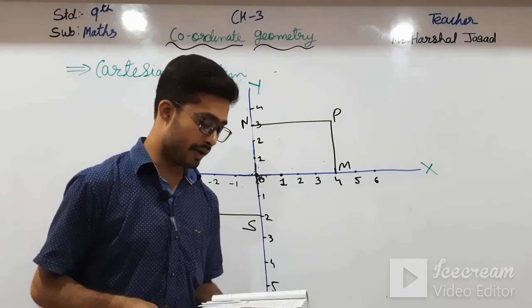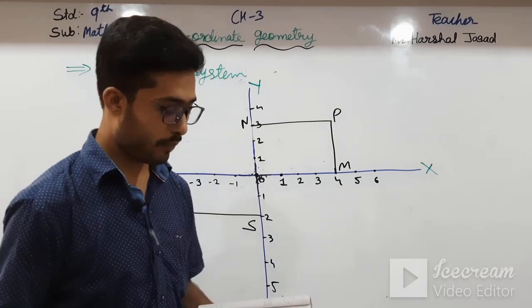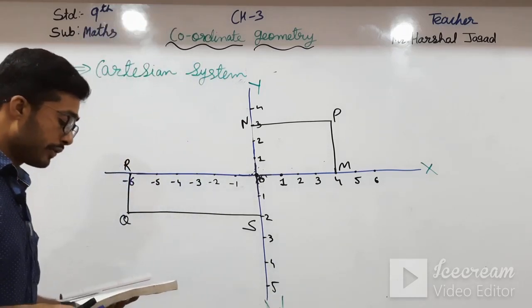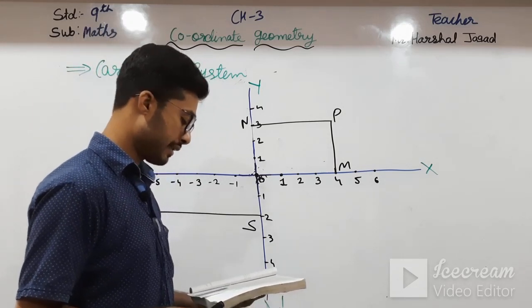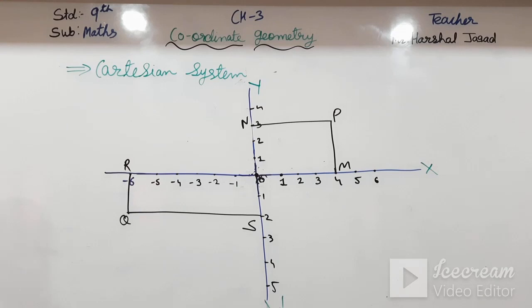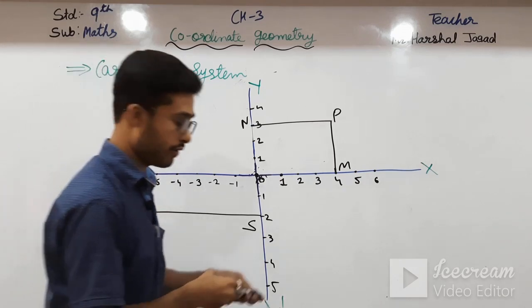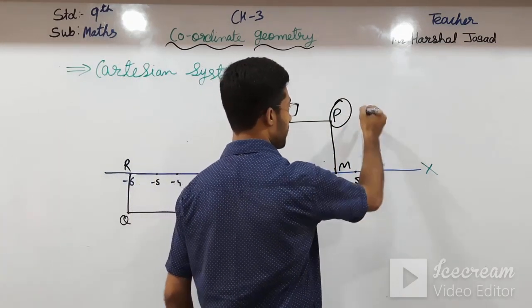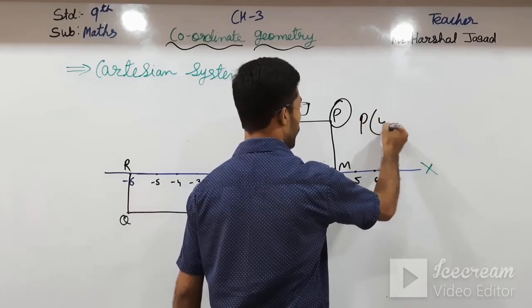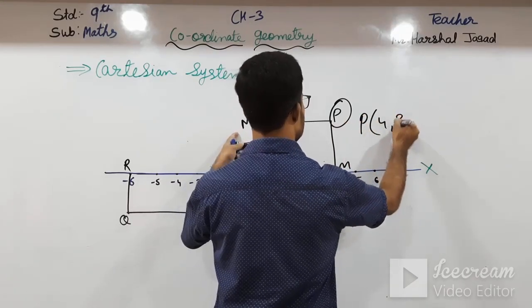Note that the coordinates describe a point uniquely: (3, 4) is not the same as (4, 3). Okay students, how can we write the coordinates of P? First of all we have to write x, so P is 4, and then after that you have to write 3.